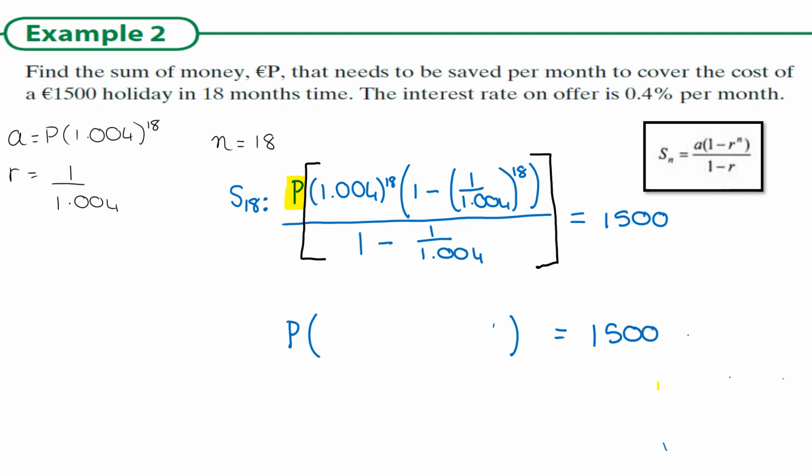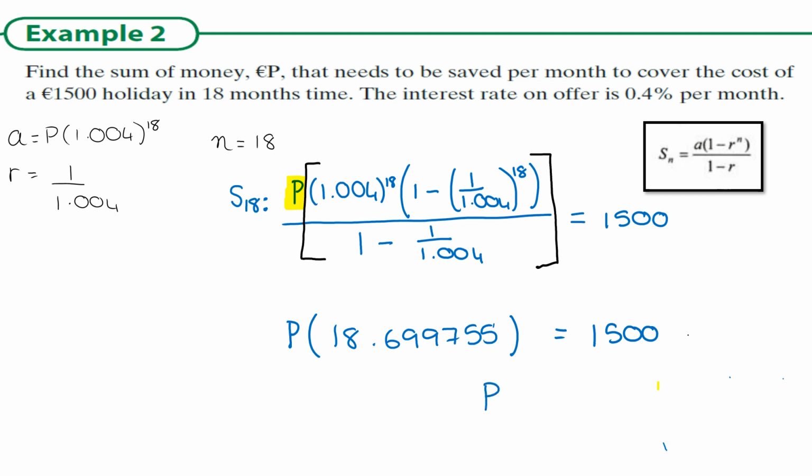I then move down, so I'm in the bottom of my fraction, and I do 1 minus, press the fraction button again, 1 over, I move down, 1.004. And when I put that into the calculator, I get 18.699755.